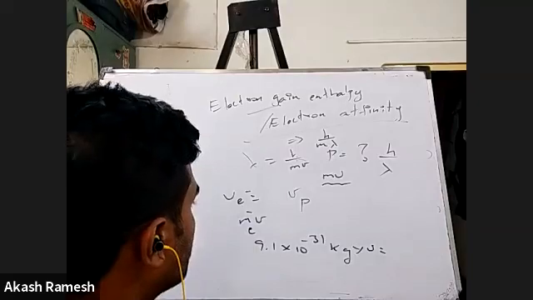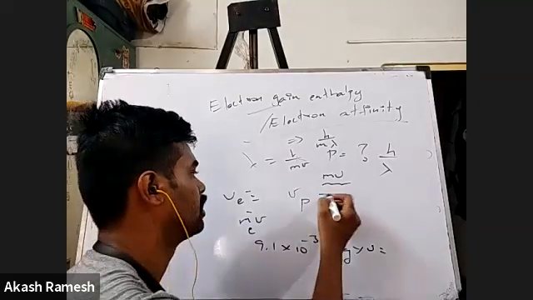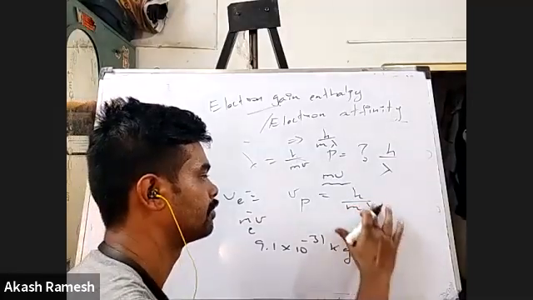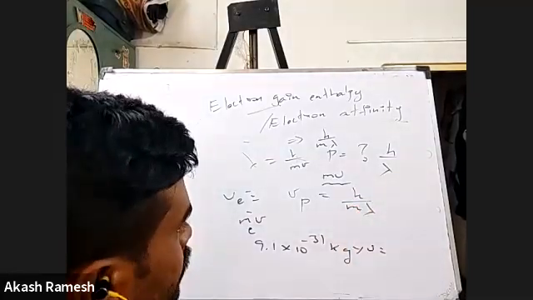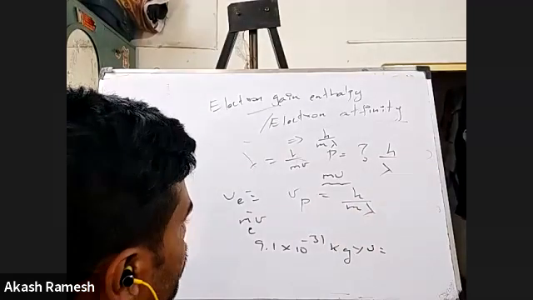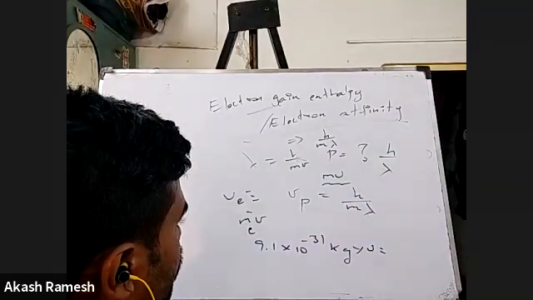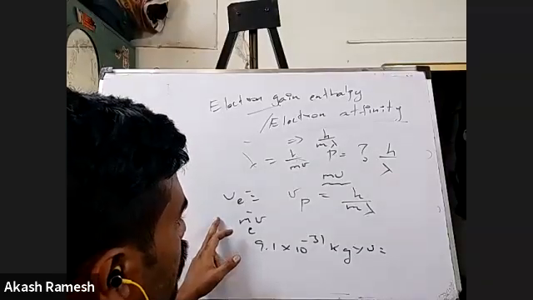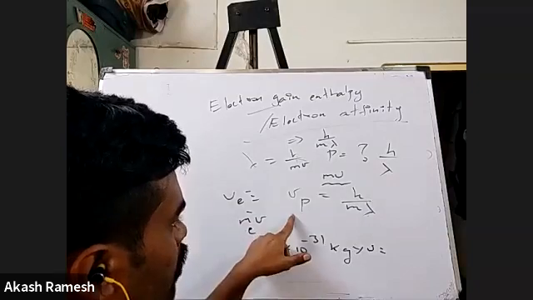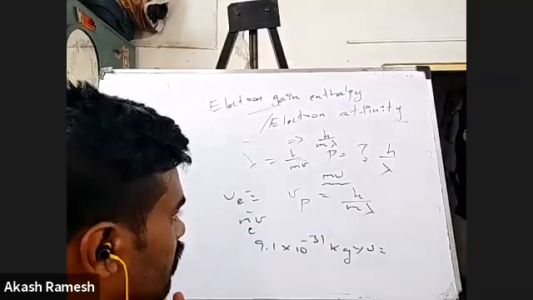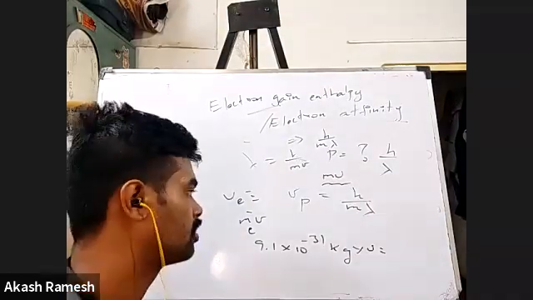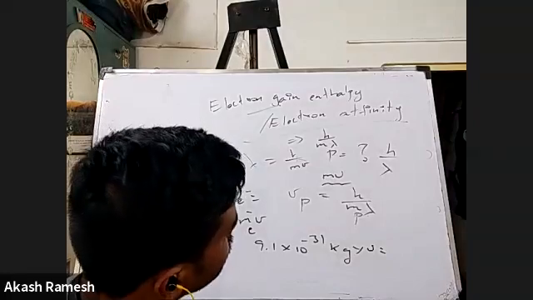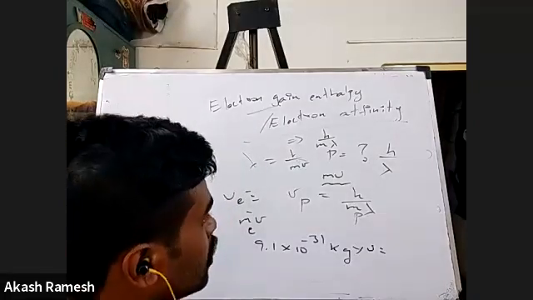So this is actually going to be equal to h divided by m lambda. That's the only thing I can say, because the velocity of electron should be equal to the velocity of a photon which has this much wavelength. Sorry, mass of photon is zero actually.